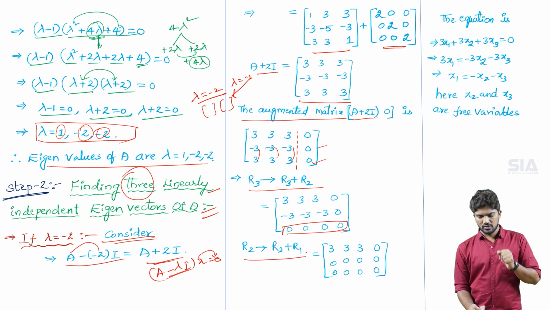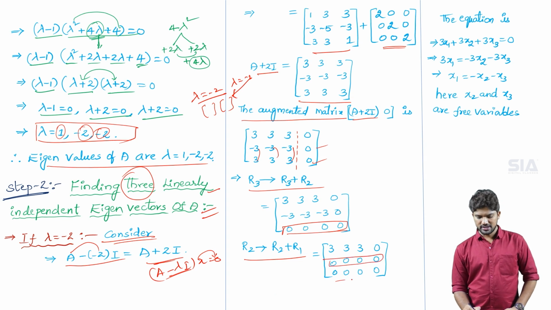Next R2 implies R2 plus R1; here also the second row will become 0. Third row is automatically 0. So the first row is as it is, 3 3 0. Now after getting this, you can divide row 1 with 3.